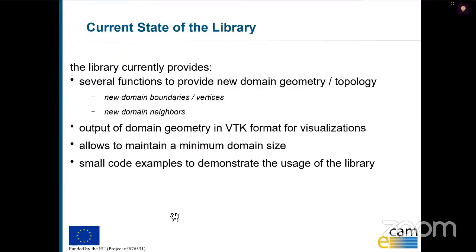So as a summary, what's the current state of the library? The library currently provides several functions to provide these new domain geometries and topologies if they change, which consists of the new domain boundaries and the new domain vertices, as well as a list of new domain neighbors if the domain neighbors have changed during the load balancing computation.